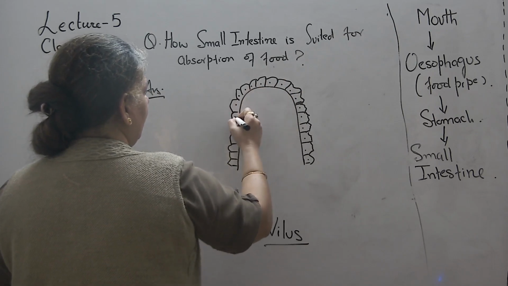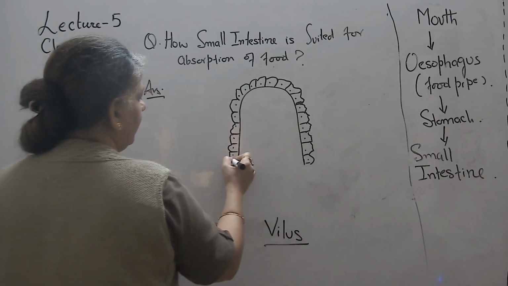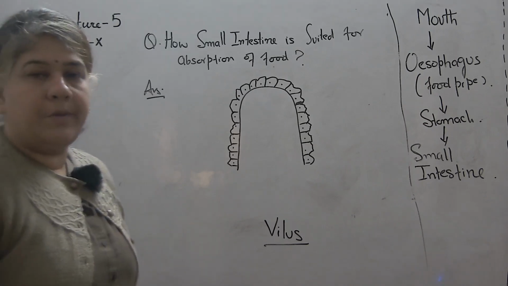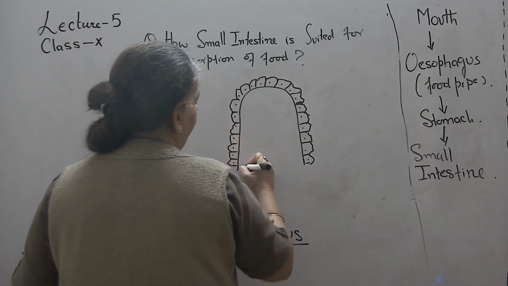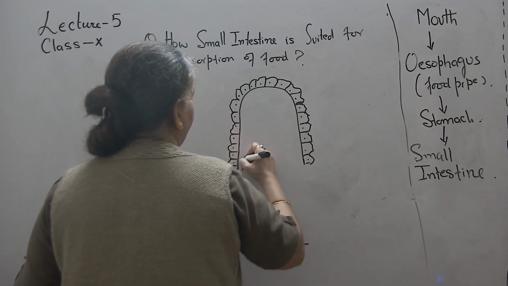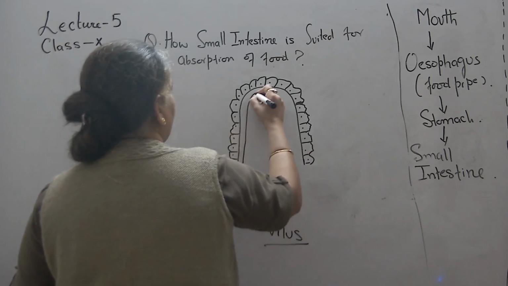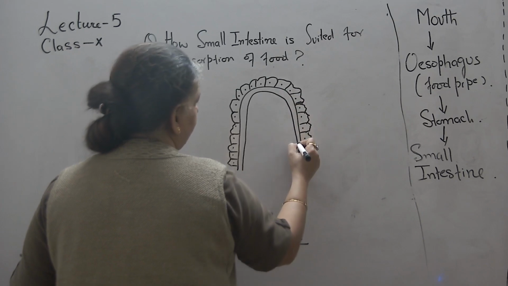Okay. These villi, or finger-like projections, have blood capillaries running inside them. So the blood capillaries, first we'll draw like this.